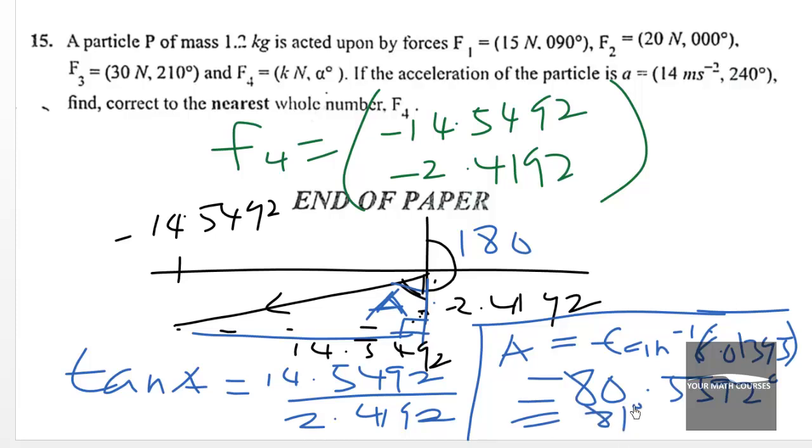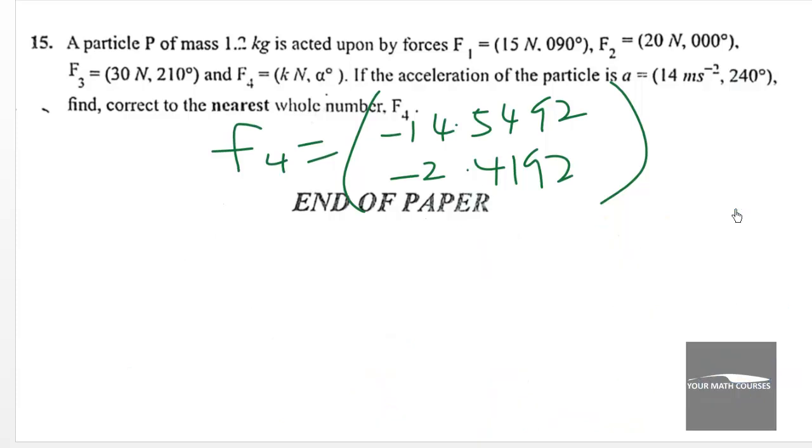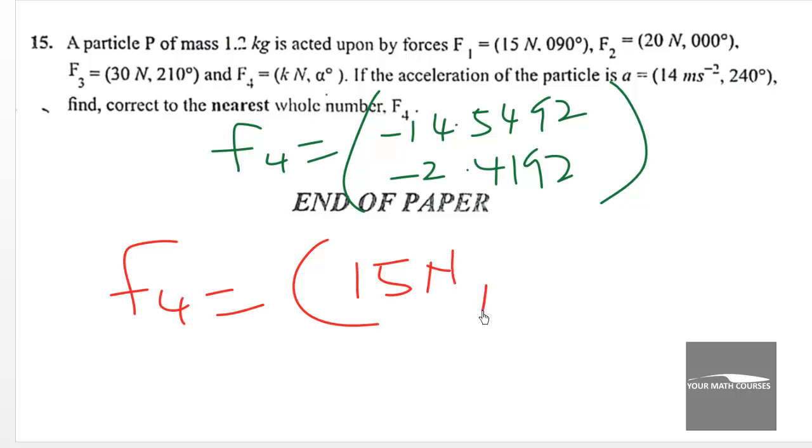So we add that to 180 to get alpha equal to 180 plus 81, which is 261 degrees. So the force is actually in the third quadrant, hence F4 is equal to 15 newtons, 261 degrees.